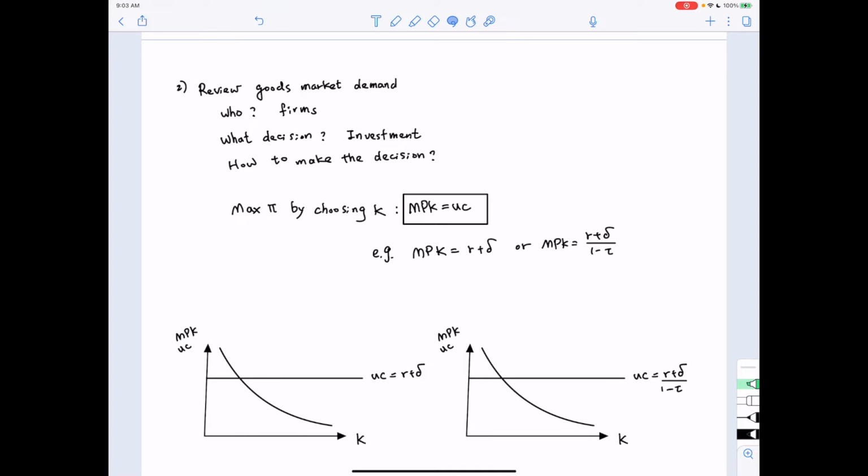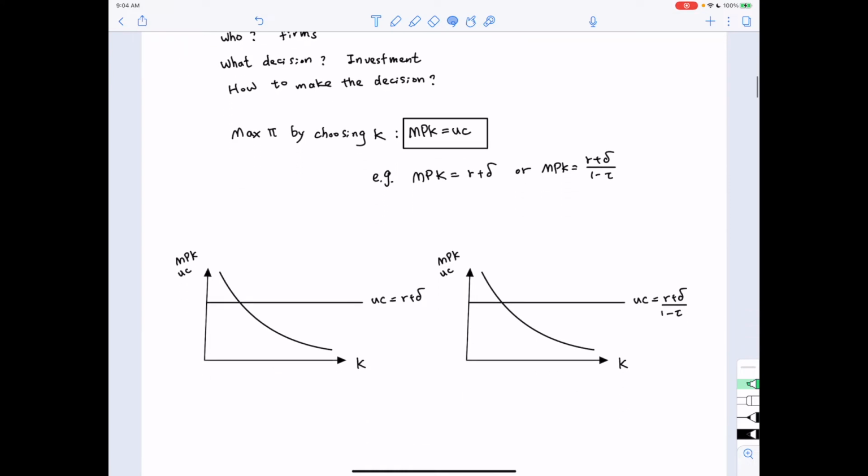We know that the marginal product of the capital declines as the capital stock increases, and the user cost remains the same no matter how much capital you put into the production process, because the firms are too small to affect the price. So then on the left hand side of the graph, we have the user cost that equals the real interest rate plus the depreciation rate. On the right hand side of the graph, we have the user cost equal to the real interest rate plus the depreciation rate divided by 1 minus tau.